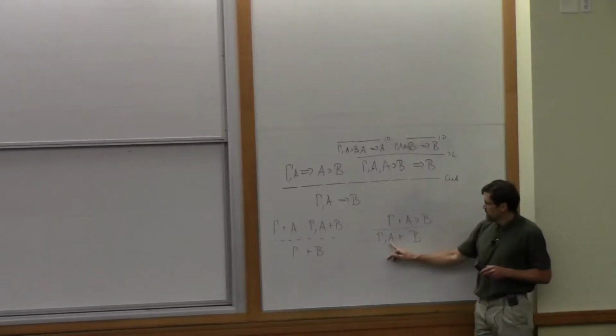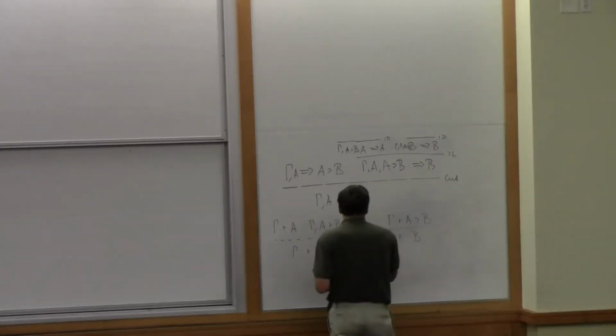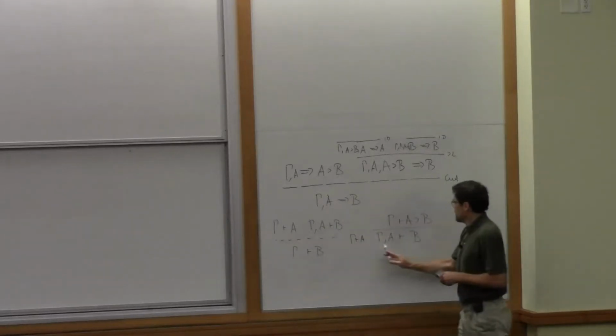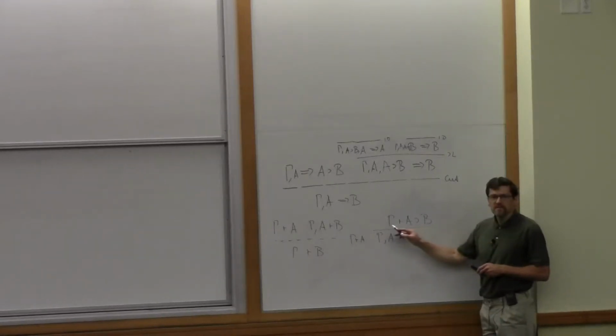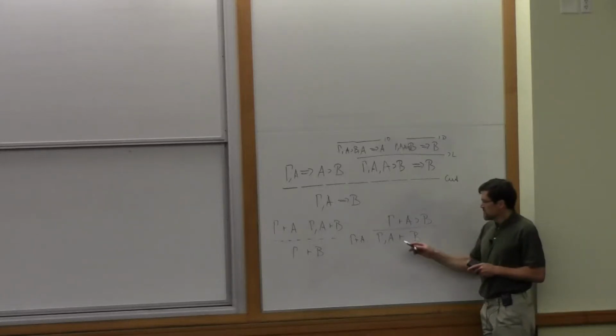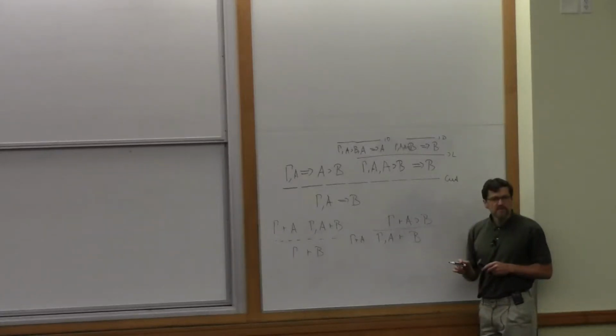Now, if you substitute here gamma comma A, gamma turnstile A, how do you continue now to get a proof of B? Well, you can't substitute into the premise because the assumption A is gone. So when you try to substitute, you're stuck at this point.